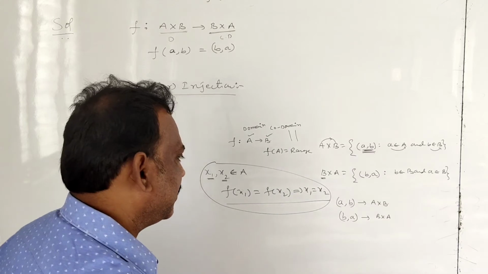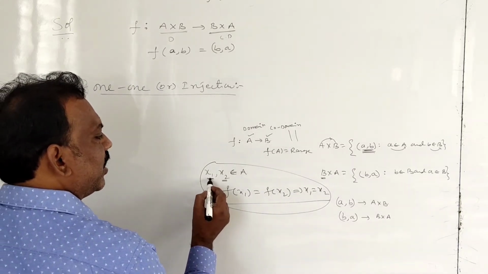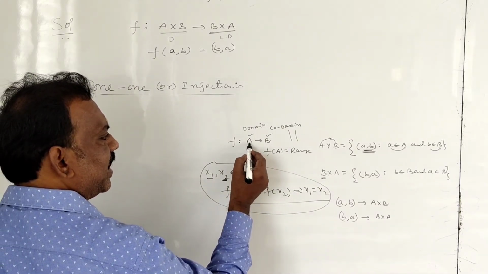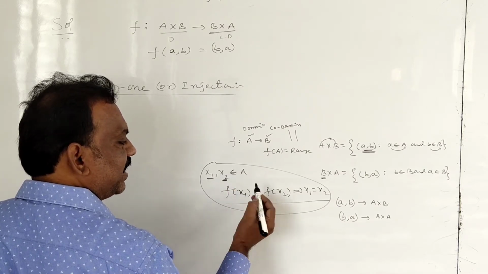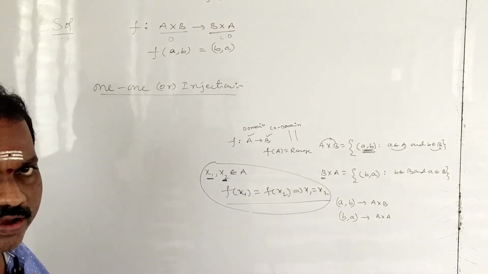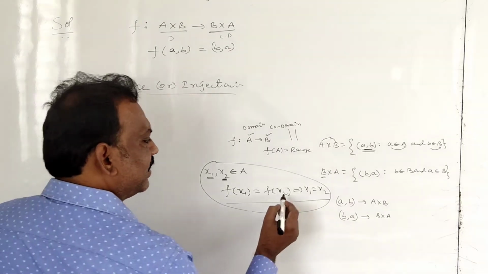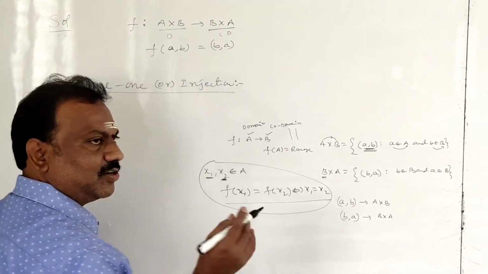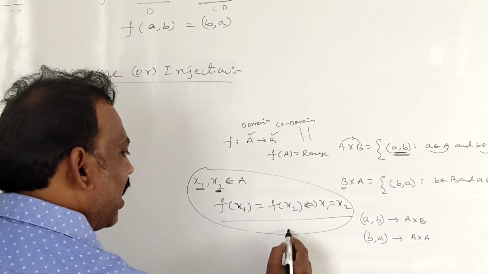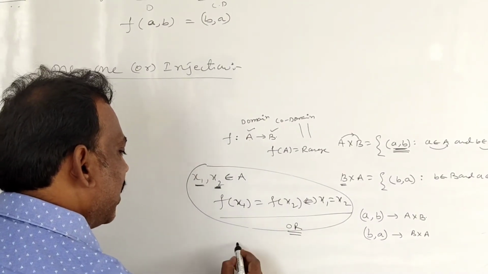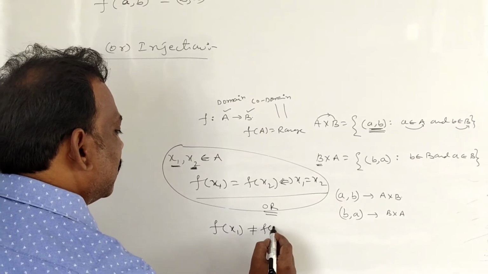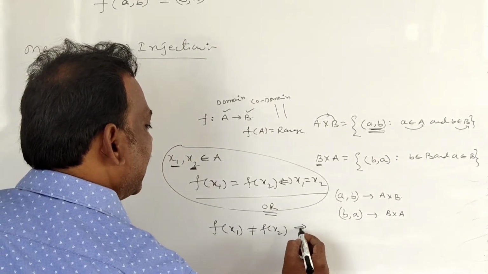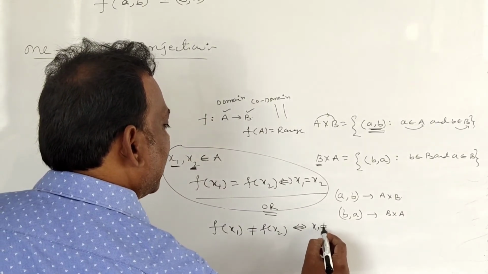Understood, students? Right. So if you take two elements in the domain, that means in A you have to pick two elements, they must satisfy this condition. If f of x1 is equal to f of x2, then x1 must be equal to x2. Or we have one more formula: f of x1 not equal to f of x2 implies x1 is not equal to x2.